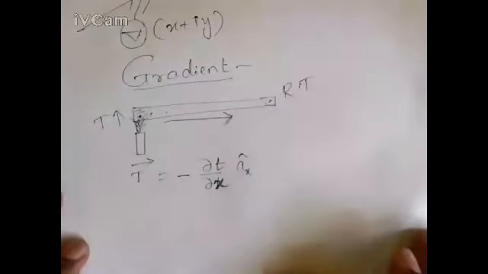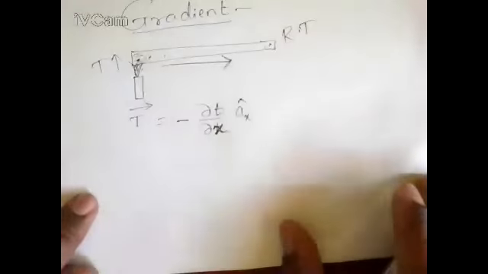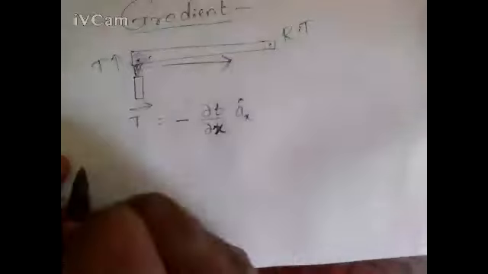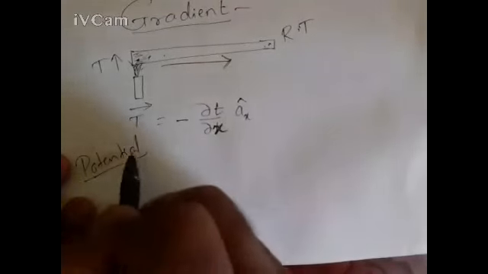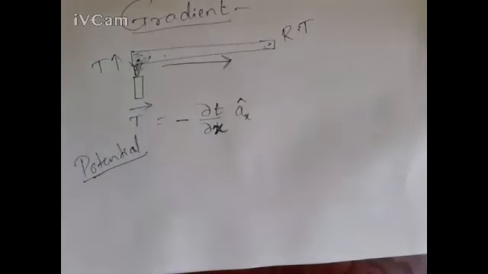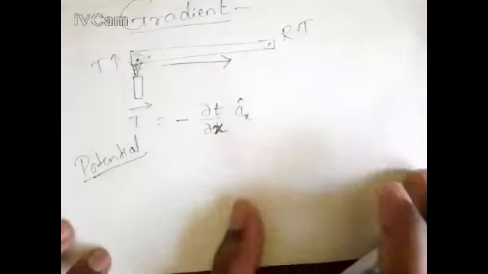Okay, in the same way, we can write the potential. You have heard of potential difference. What is that potential difference? Actually, it's a voltage. At one point the electric potential will be high, at another point the potential will be less.